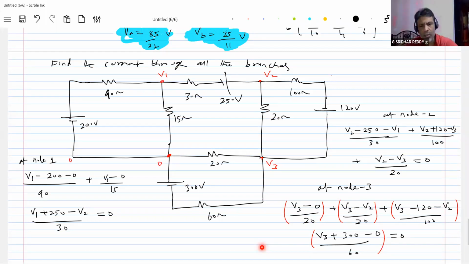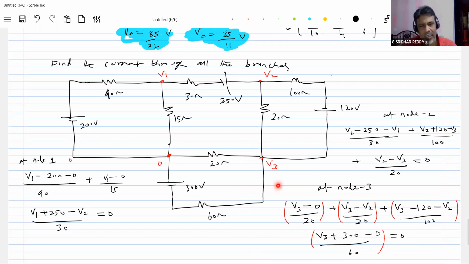Sir, I'm not that good at this. So you assume I1, I2, I3, I4, 4 equations with 4 unknowns, then solve it and you'll get the required answer. Or in the branch current method, you assume currents I1, I2, and so on. The distribution of current itself will take more time.